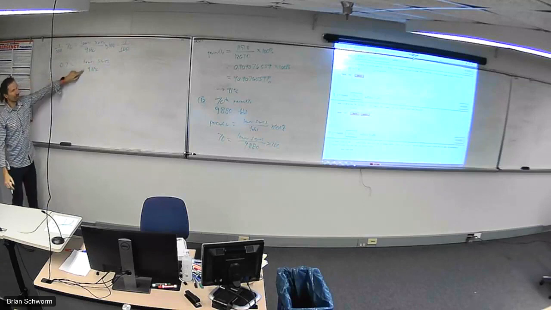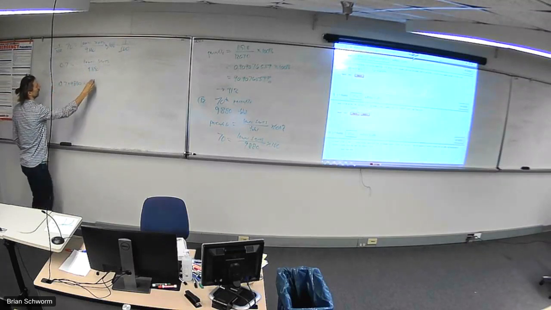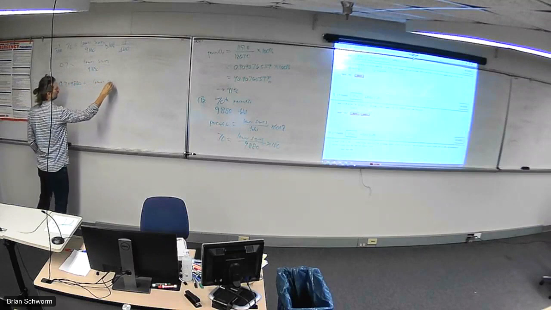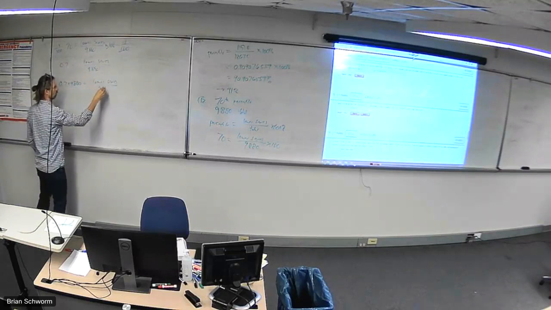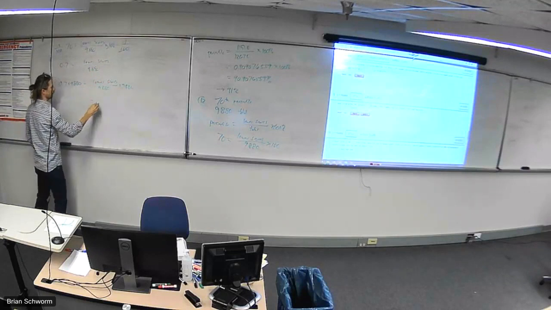Now multiply both sides by 9,880. They just cancel.